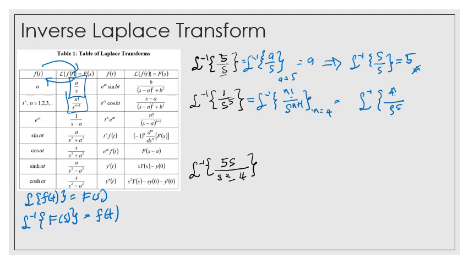But the original equation states the numerator must be 1. The value must be 1. But based on the formula, we should get 4 factorial, so that we can convert back into t to the power n. So how do we make it? We need to modify this equation in order to get a similar form to the original equation.